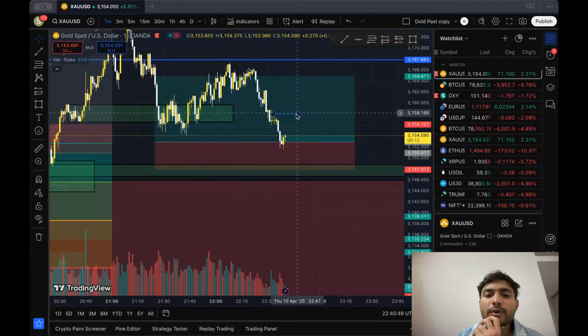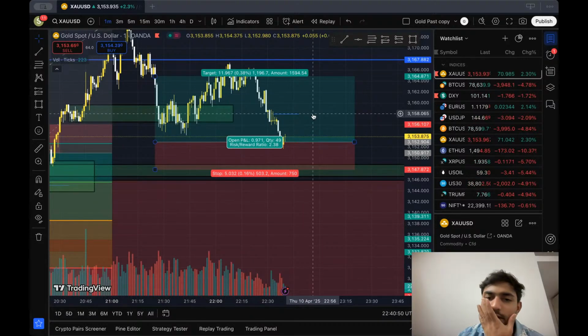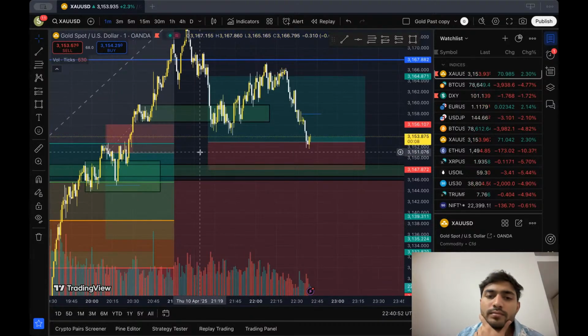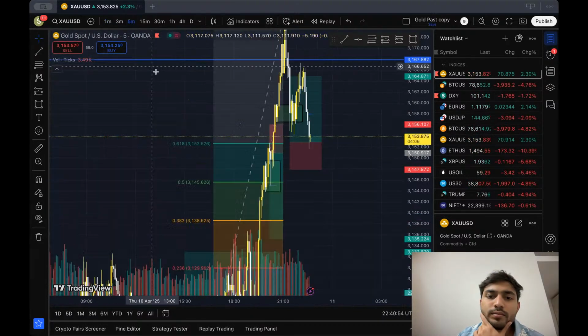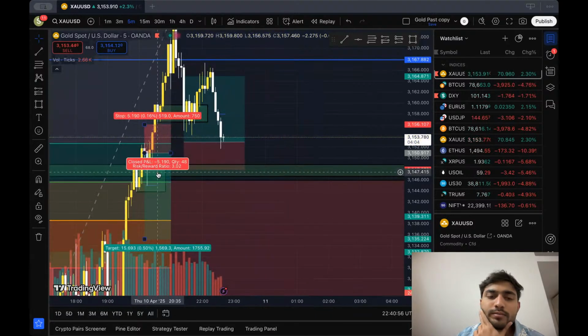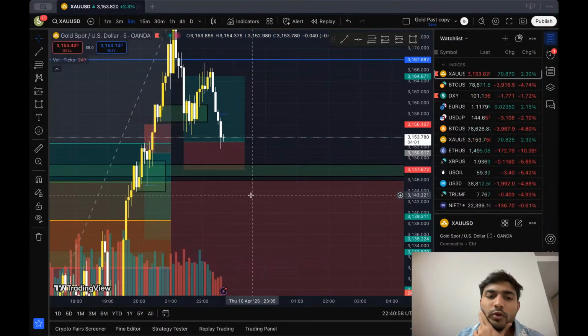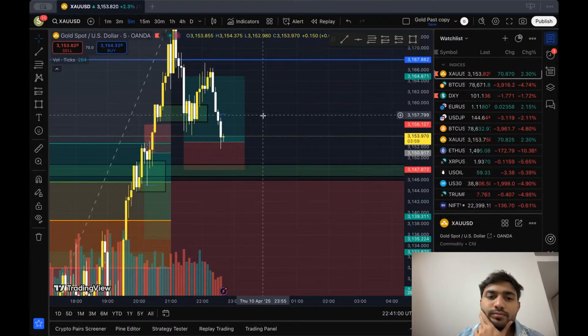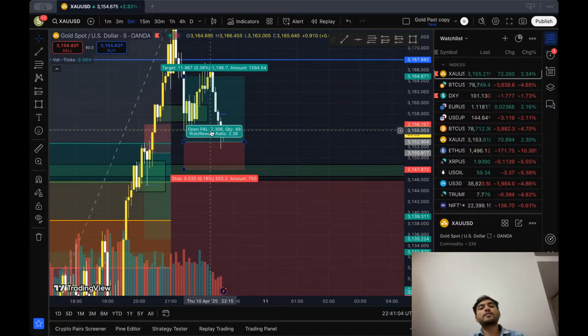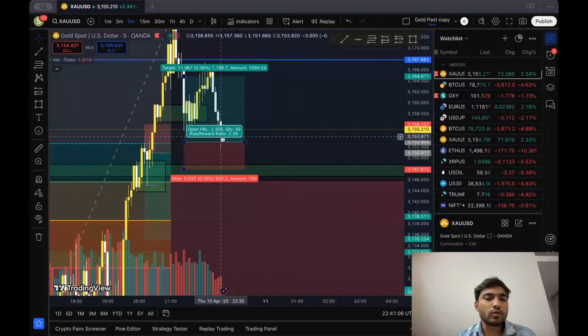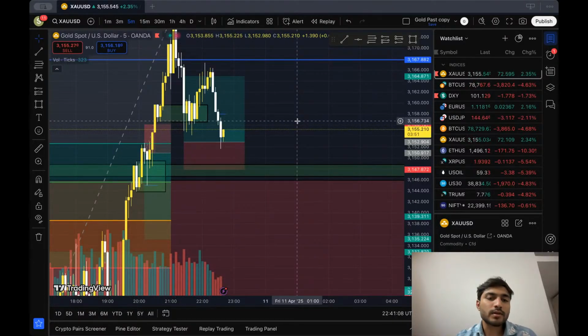When price reaches that level, be risk free. Low volatility, no volume. This candle should have closed above this one. That would have been a great indication for us.